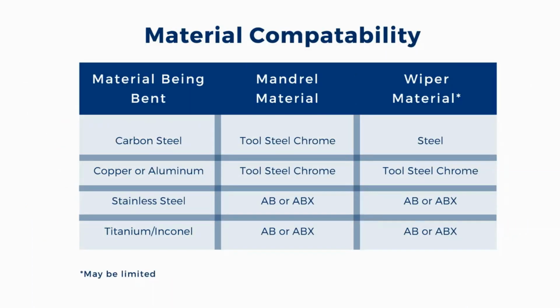Material compatibility. Typically, mandrel recommendations are intended to avoid galling between similar materials. Soft tubes need hard materials, such as steel, copper, and aluminum, get the best life using a tool steel chrome mandrel.